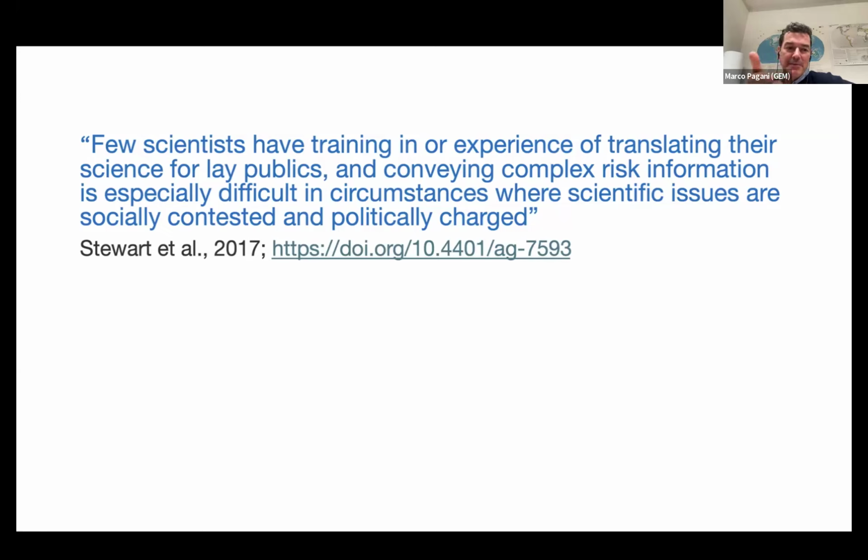In one of the papers that he wrote relatively recently, he writes that few scientists have a training or experience of translating their science for the lay public, and conveying complex risk information is especially difficult in circumstances where scientific issues are socially contested and politically charged, which is exactly what I was trying to explain to you earlier on.